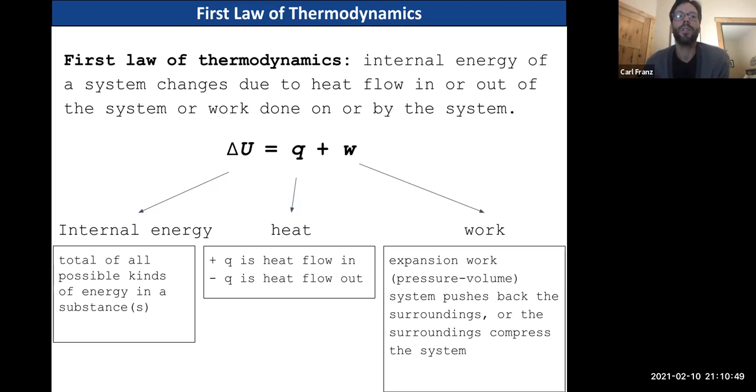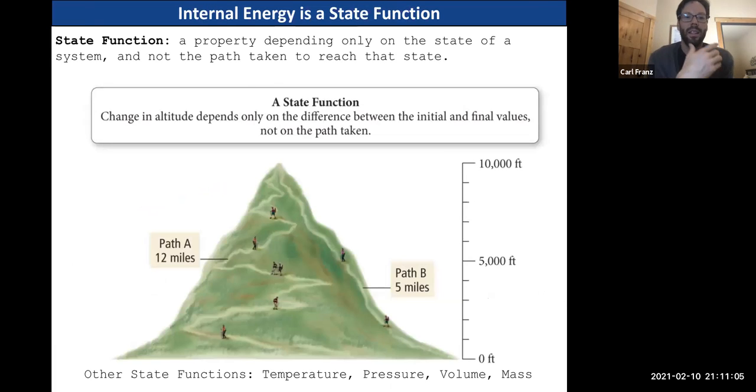First law is that the internal energy of a system changes due to the heat going in or out, or the work being done on or by the system, okay? All of that is interrelated, okay? And these things are state functions, meaning it doesn't really matter how you get to a certain state. All that matters is where you began and where you end, okay?